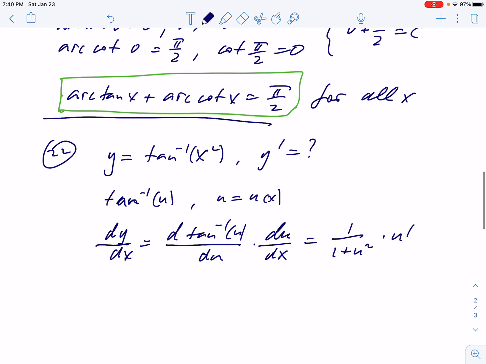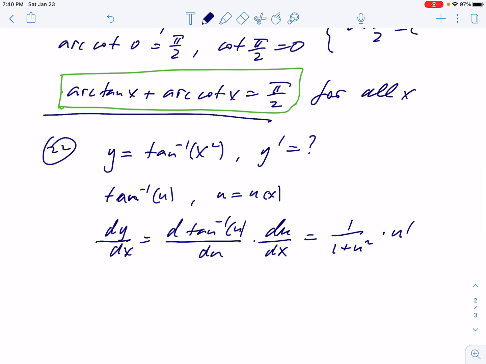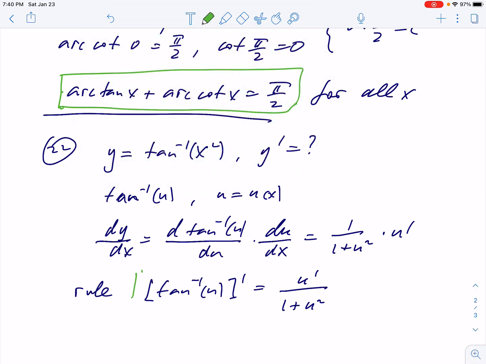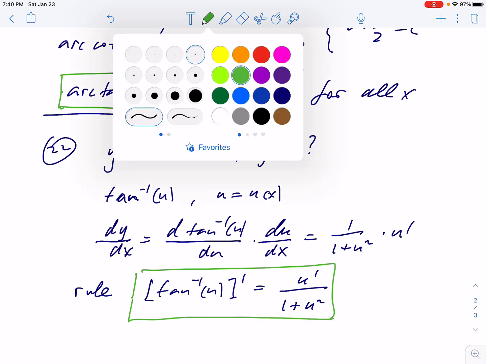So here is the rule. That's a general rule. If we have inverse tangent of u and we want to differentiate, we go u prime over 1 plus u squared. Why not put this in green also? Important formula. Excellent.